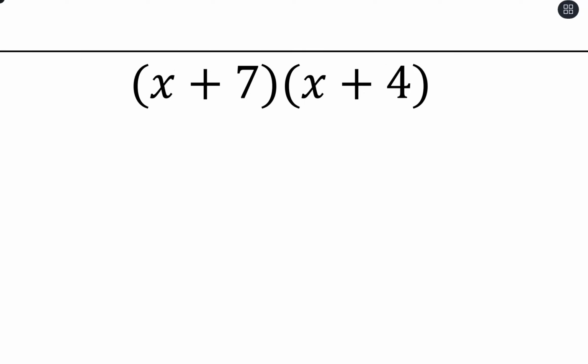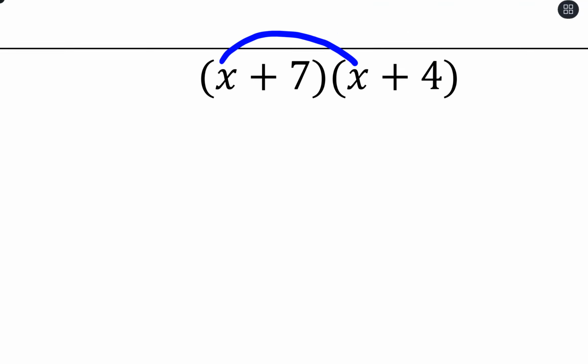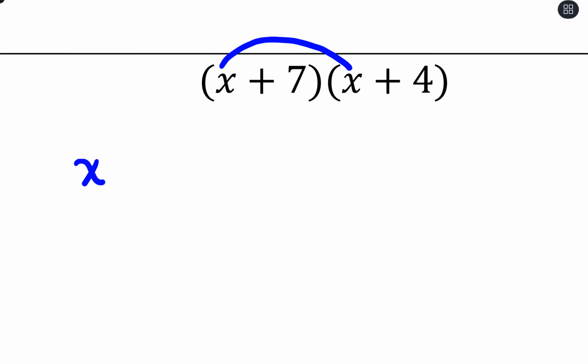What we mean by first is we are going to multiply the first terms of each set of parentheses. So that's going to be x times x. And then we're going to add on the multiplication of the outer terms, which would be 7 times 4.